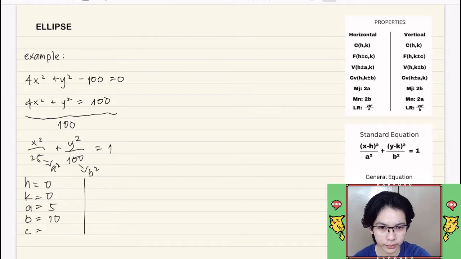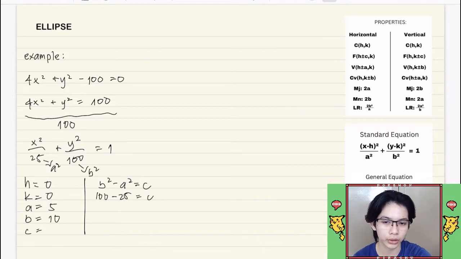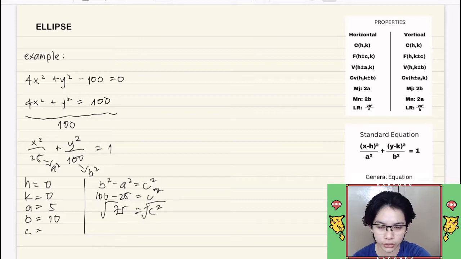In getting c², 25 is subtracted from 100, which is 75. To get c, we should find the square root of 75. 75 is factorable by 25 and 3, thus making c 5√3.